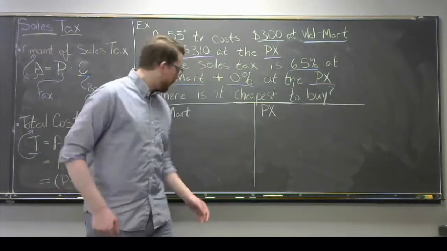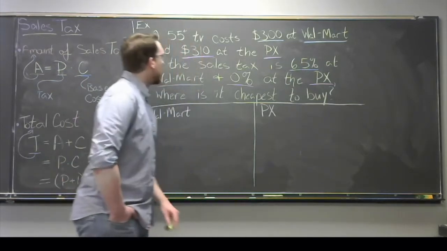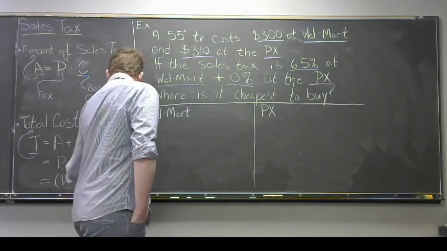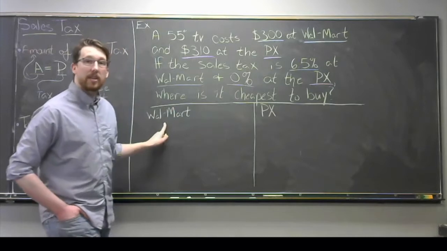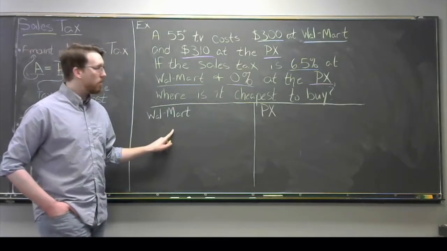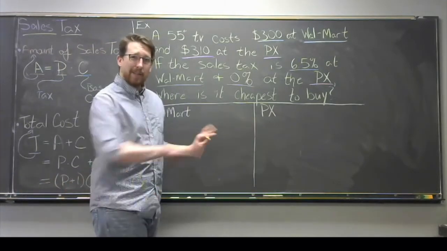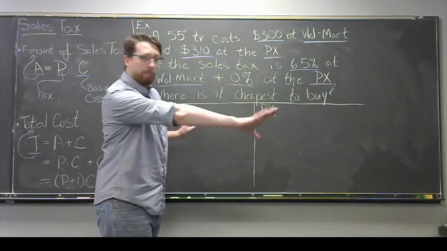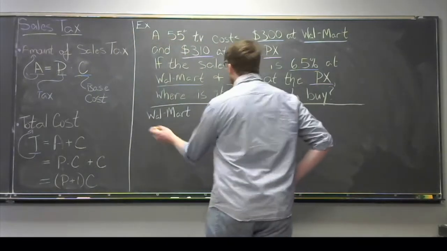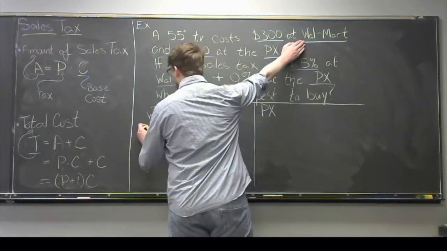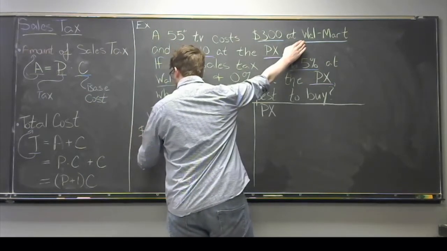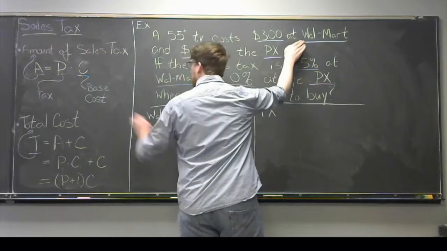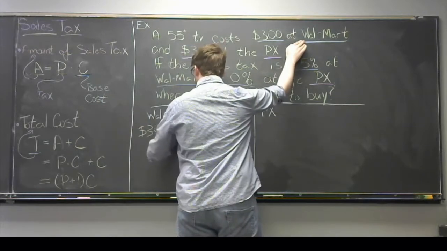Okay, let's do that. To start off with, it is probably going to be easiest if we figure out what the sales tax is and the prices are at Walmart and then at the PX and organize them that way. So let's do that. At Walmart, it was $300. That is the base cost.